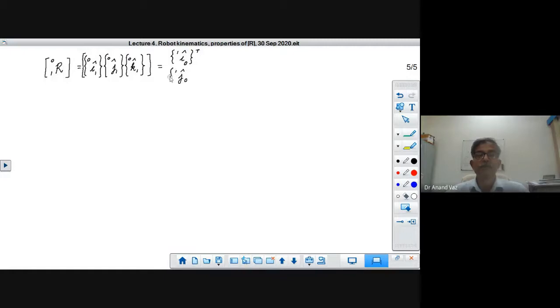But you see that the column has now become a row. And here we have K. So the same matrix can be written in these two representations.